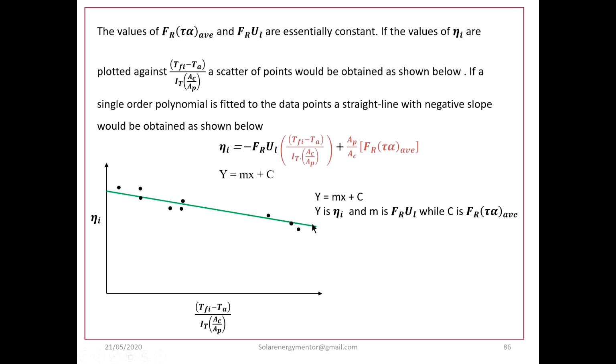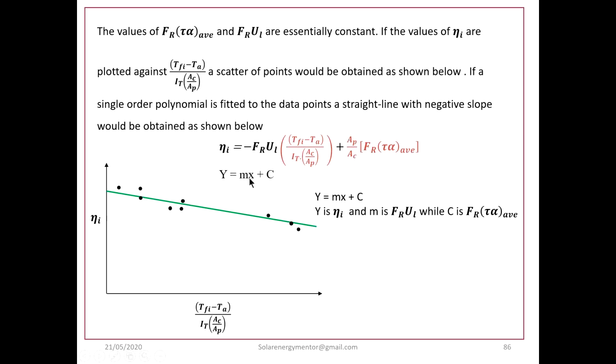Now the equation of the line is y is equal to mx plus c. We have this expression: eta I is equal to minus FRUL (TFI minus TA) upon IT, AC upon AP, plus AP upon AC FR tau alpha average.